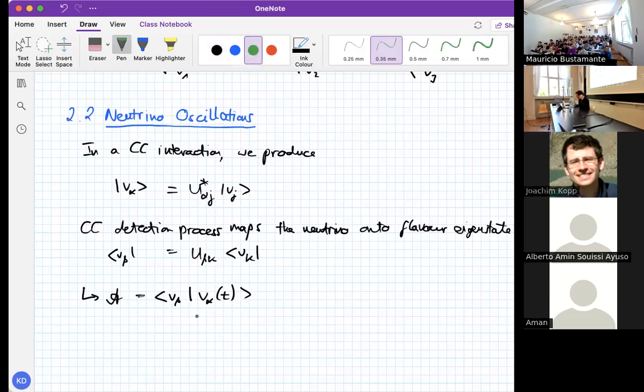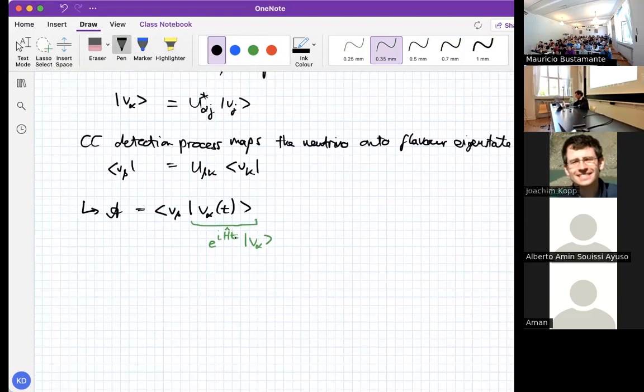So what I mean by time evolution, so remember how time evolution works in quantum mechanics? Well, when you formally solve the Schrödinger equation, what you get is that time evolution is just e to the minus i times the Hamiltonian times t times ν_α.